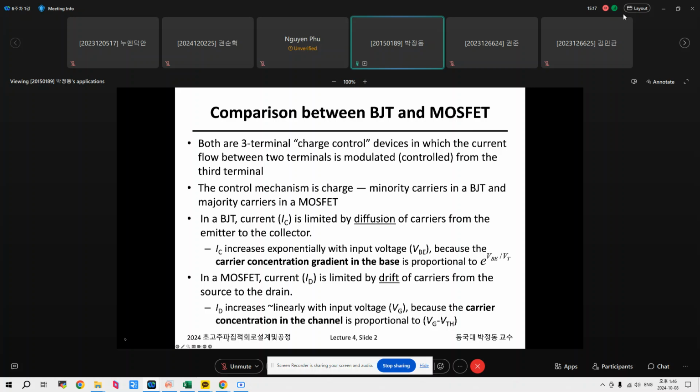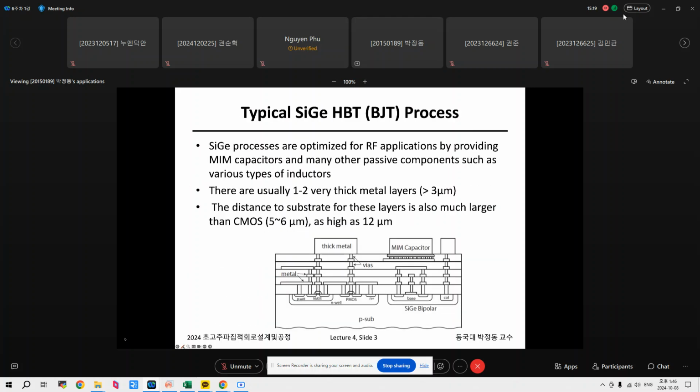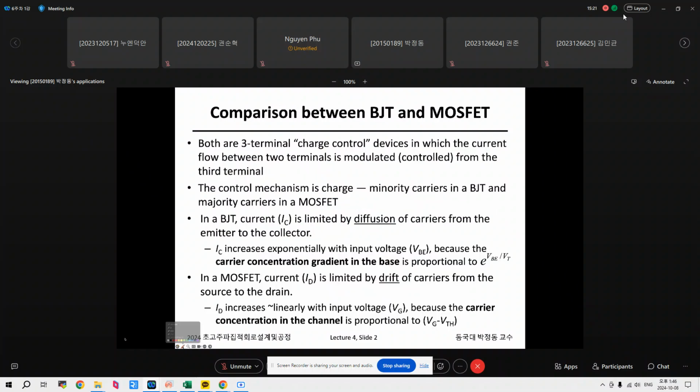Let me just write down. So IC equals IS exponential VBE divided by VT, right?